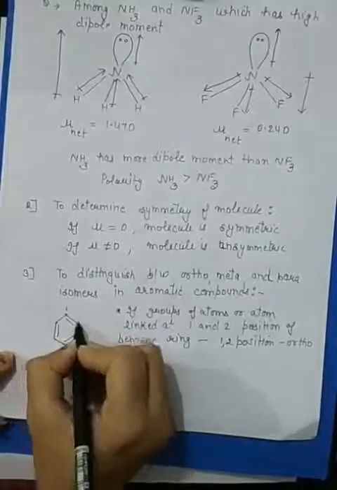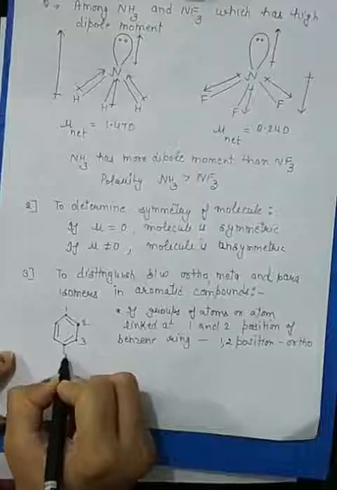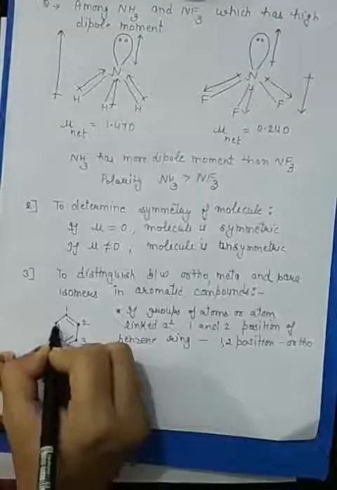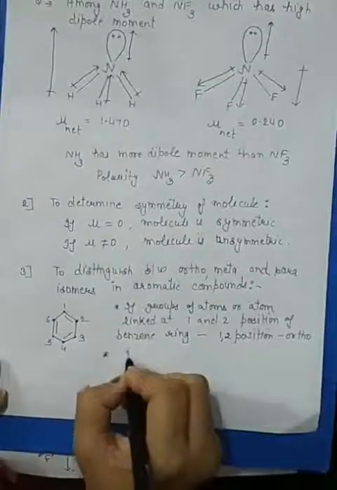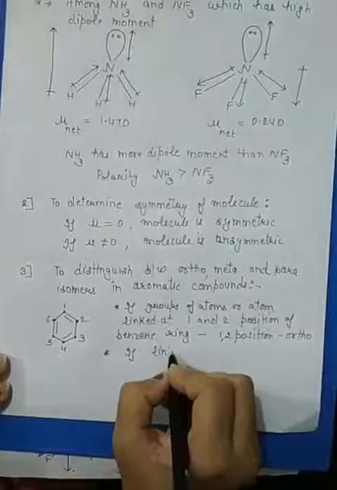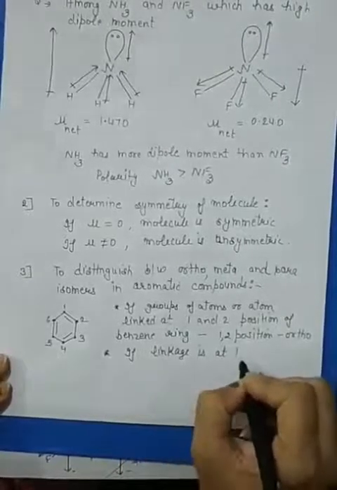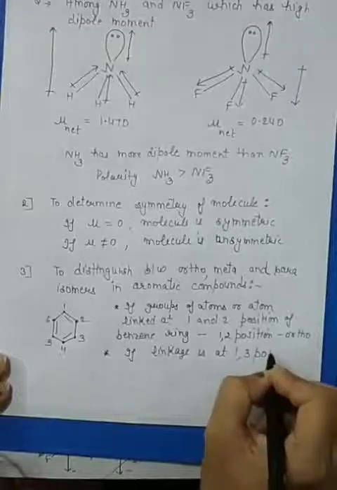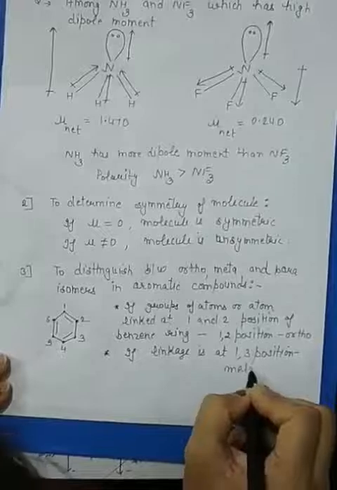Suppose this one is 1, this is 2, 3, 4, 5 and 6. Similarly, if linkage is at 1-3 position, then it is called meta.